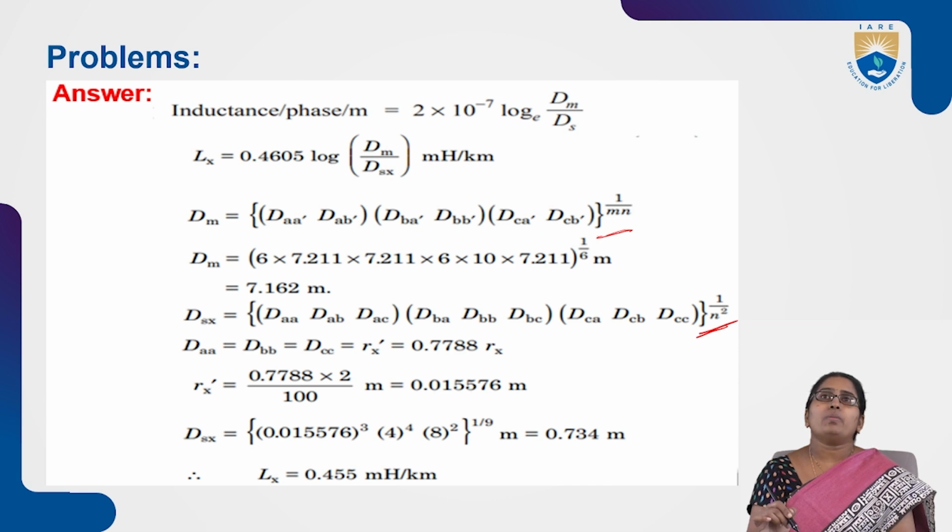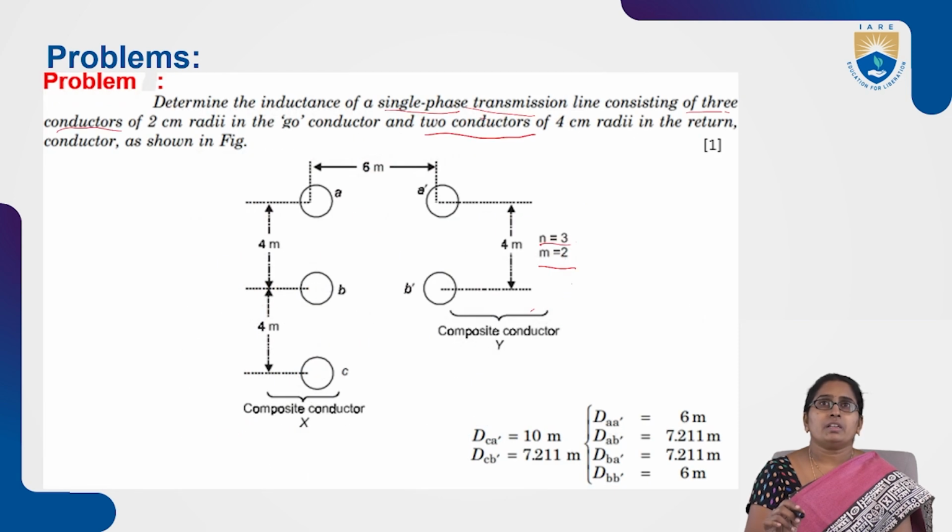Now we need to calculate the inductance of the line. Total inductance they asked. Because the number of subconductors is different here, 3 in the go conductor and 2 in the return, calculate each conductor: conductor X inductance first, then conductor Y inductance next, then add those.